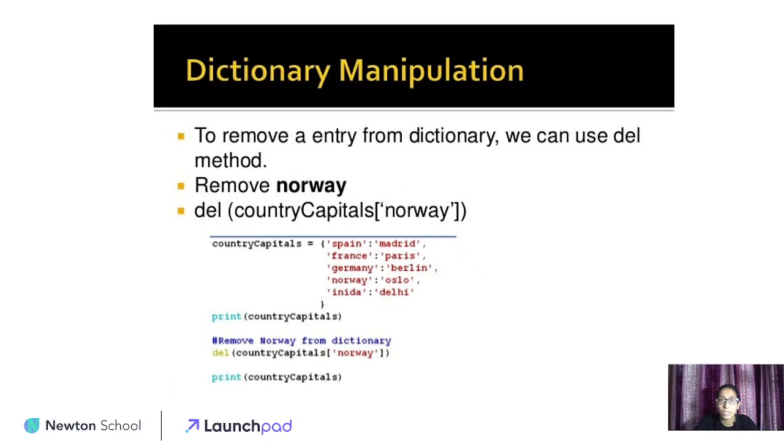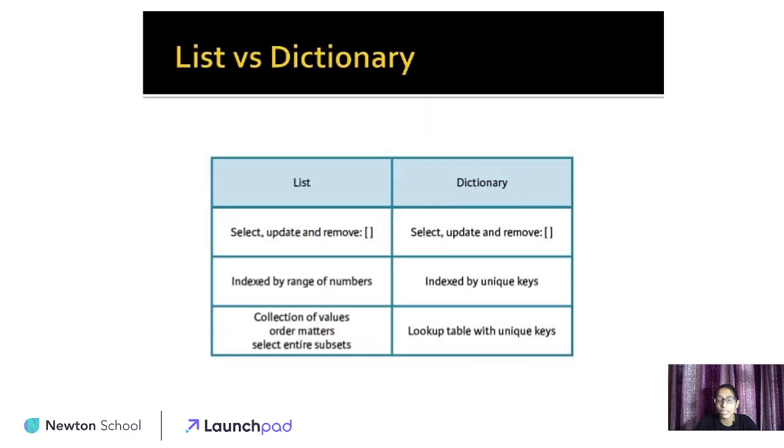That's how dictionary manipulation is done. You can also remove an entry from a dictionary by using the del method, as we read in lists and tuples. The del method is used to remove entries in these types. Another one is the pop method, which has a similar meaning to del.